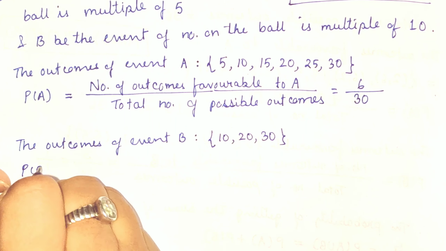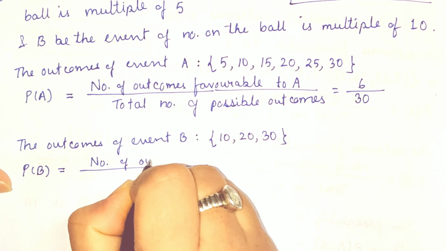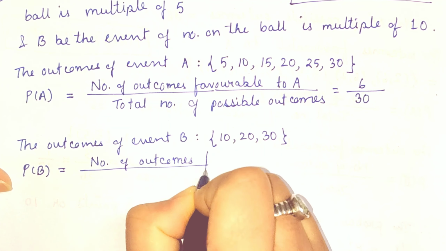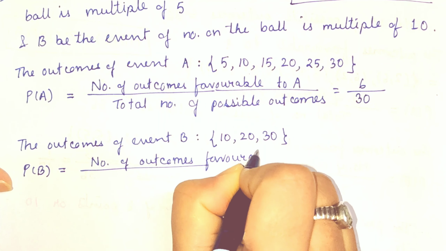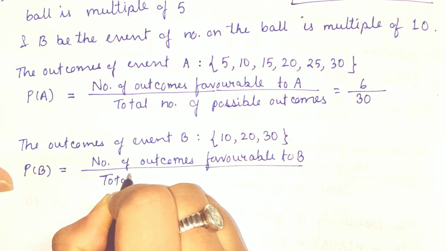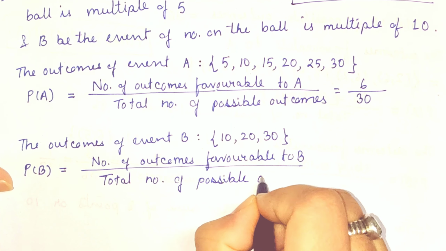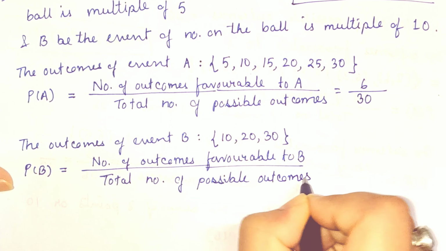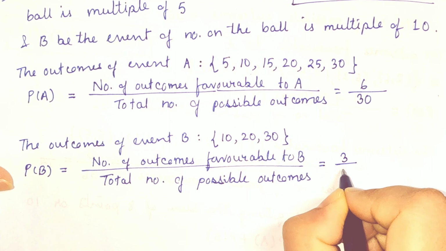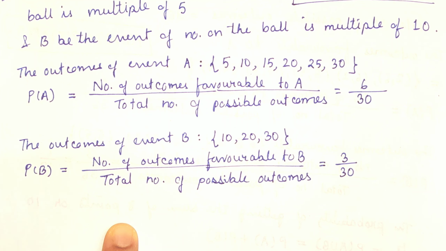We will find the probability of B. Probability of B will be the number of outcomes favorable to B divided by the total number of possible outcomes, which is 3 divided by 30.